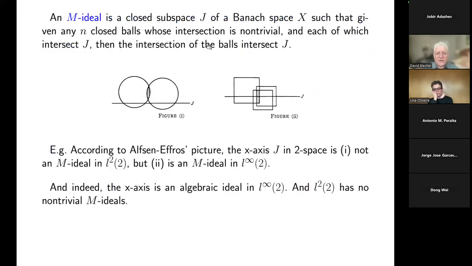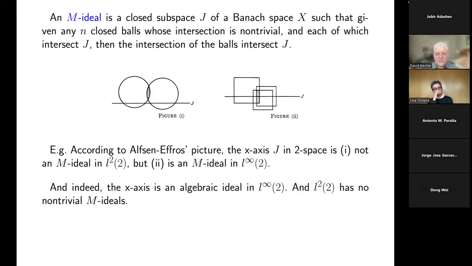In the next slide, I've repeated the definition and also incorporated the only picture, I think, in the famous paper of Alfsen and Effros illustrating this definition.